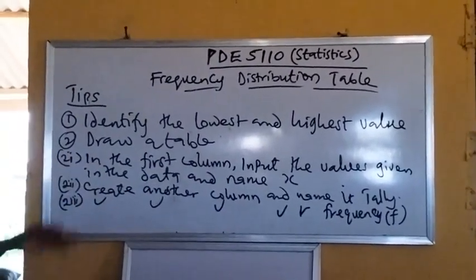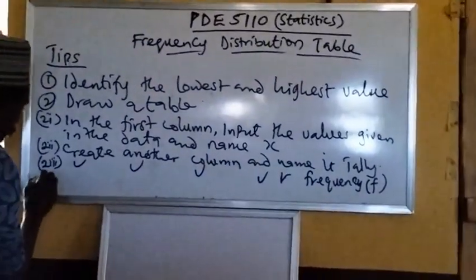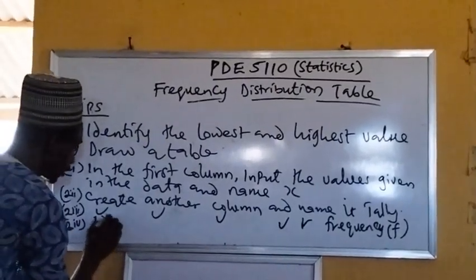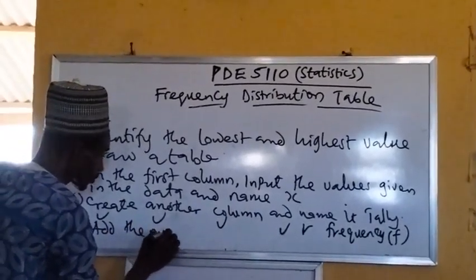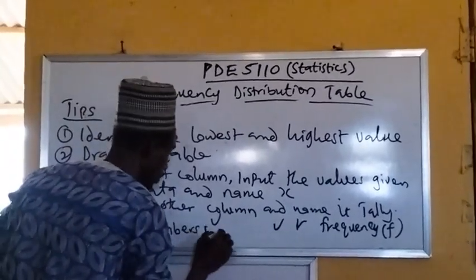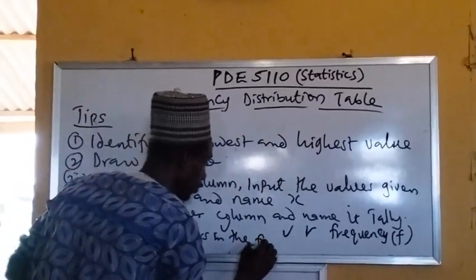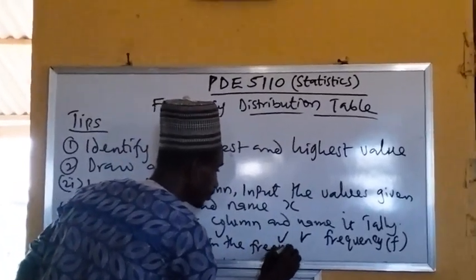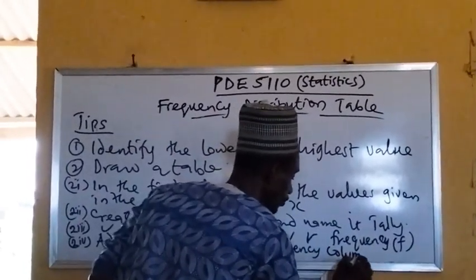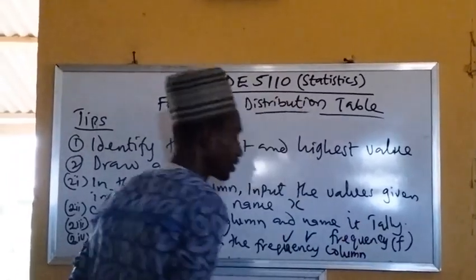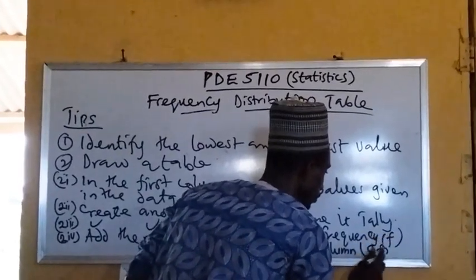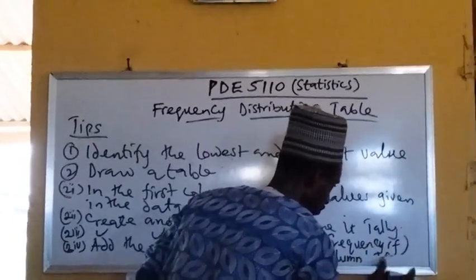But again, at the end of this frequency, 2iv, add the numbers or values in the frequency column and name it summation F, or we can just leave it that way.